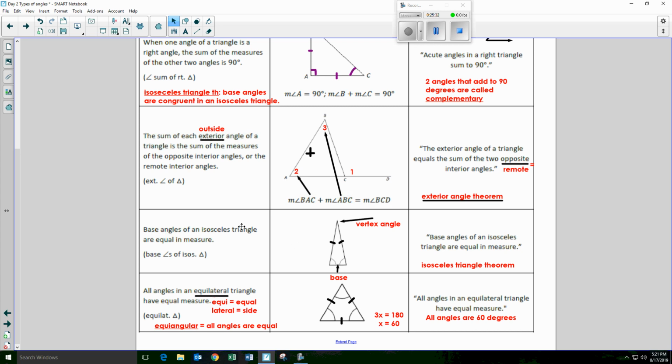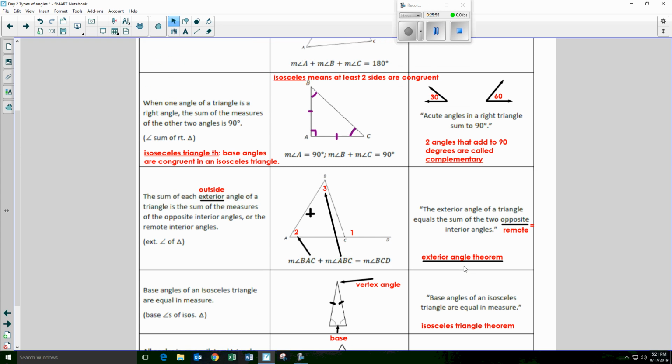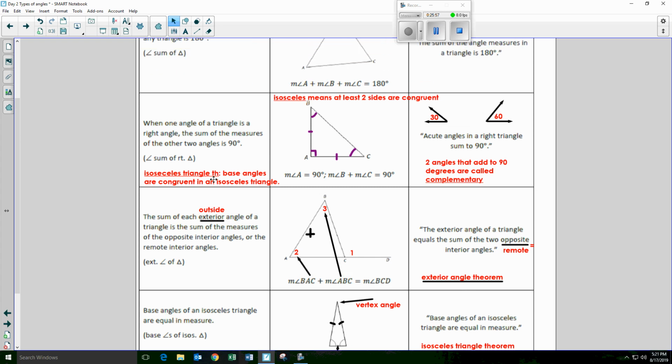So it's saying, if I start with an isosceles triangle, the definition of an isosceles triangle is at least two congruent sides. So I put my two congruent sides right there. If I have that, then the two base angles must be equal. One arc and one arc, showing the same number of arcs, showing they're equal. So base angles of an isosceles triangle are equal in measure. That's the isosceles triangle theorem, which I pointed out up here.